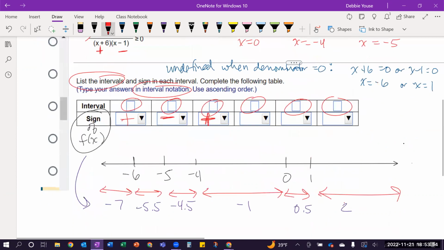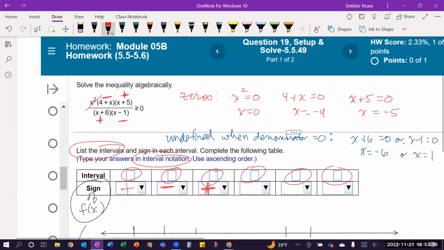The next one, I'm picking -1. So I put that in. Oops. Ignore the x squared. So -1, this will be positive, positive up top, positive on bottom, and -1 minus 1 is negative. So only one negative sign. This is negative.